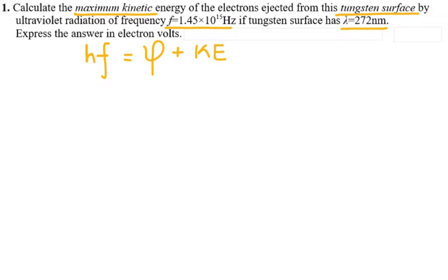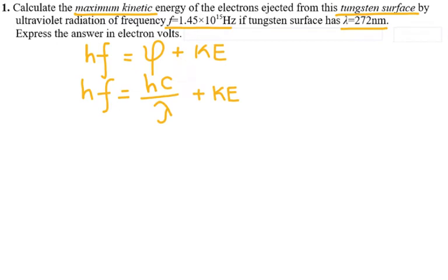So I have the photon energy equals, and then the work energy I can find using Planck's constant times the speed of light divided by the wavelength of the material tungsten that they give you, and whatever is left is going to be the kinetic energy of the electron. So that's going to be the kinetic energy of the electrons that are ejected, and we are looking for the maximum kinetic energy, so we're looking for that kinetic energy part.